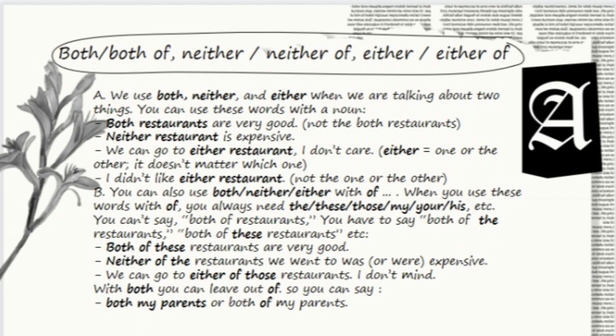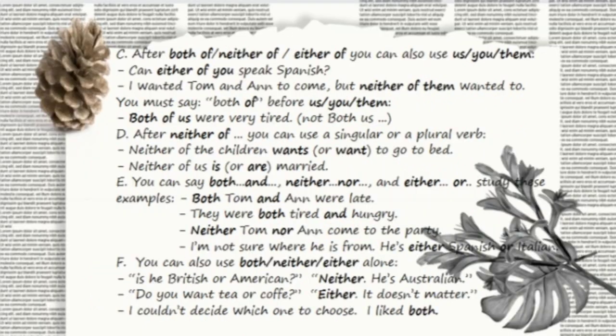I don't mind. With both, you can leave out of, so you can say, for example, both my parents or both of my parents. C. After both of or neither of or either of, you can also use us, you, and them.